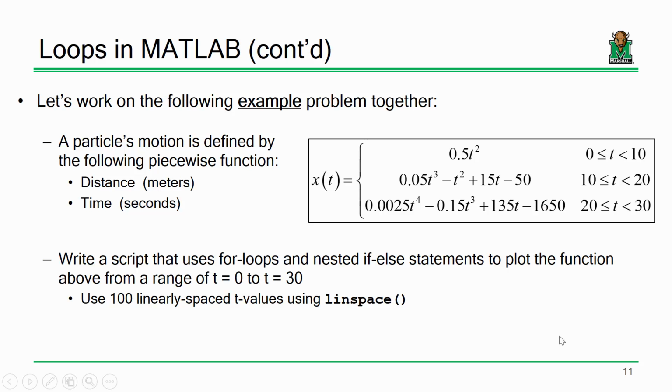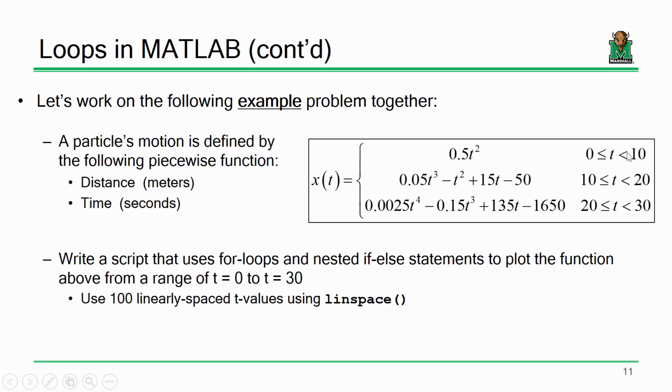All right, so here's the example I said that we're going to spend some time working on today, and in fact, this is complicated enough that we may not be able to finish it all today, and that's all right. But before you get started on this, let's talk through a couple of things that are going to need to be in this script. Basically, this is particle motion, and a particle is moving at different speeds during a different amount of time.